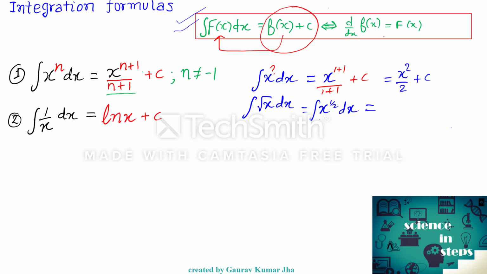So the final answer will become x to the power of half plus 1 divided by half plus 1 plus some constant, according to formula number 1. So our final answer will be x to the power 3 by 2, and in the denominator we have 3 by 2, so 2 will go up, and we'll have 2 by 3 x to the power 3 by 2 plus constant. Isn't that simple?